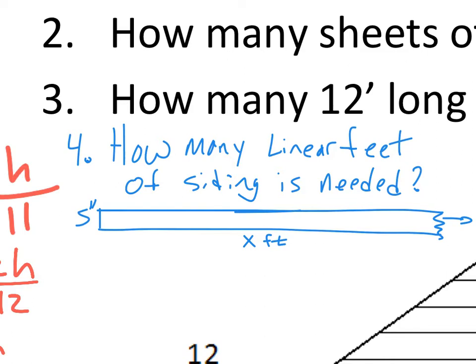Well, to figure this out, we need the area of this long rectangle. Now, really, it's not going to be a rectangle. It's going to be a bunch of pieces that, if we put them end to end, would be different sized boards. But we have this real long rectangle, and we want to make sure we have enough area in all those pieces to cover the side of the house.